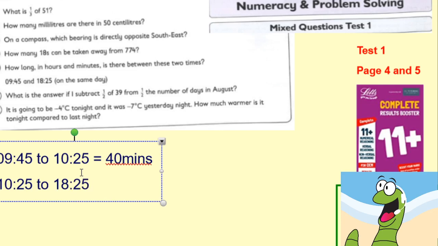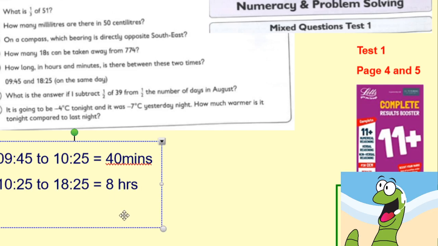This is why the 24-hour clock is so much easier to work with. 10:25 to 18:25 is 8 hours difference. So my answer for question 5 is 8 hours.